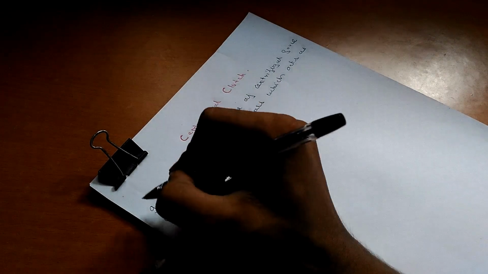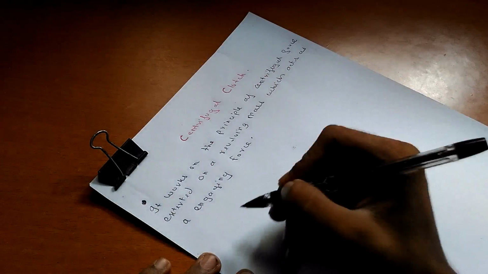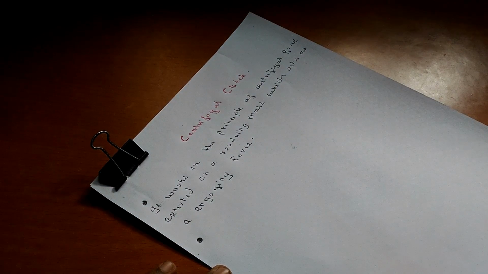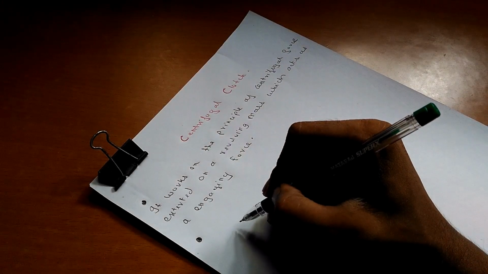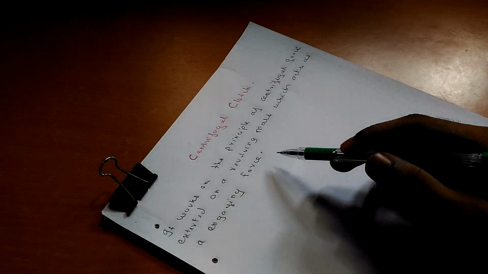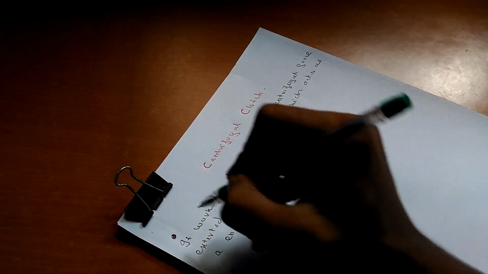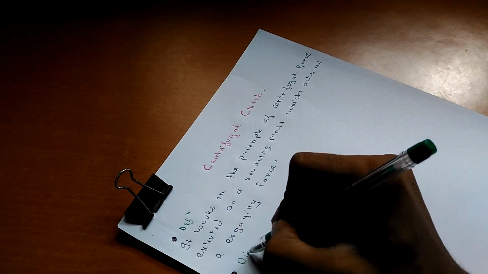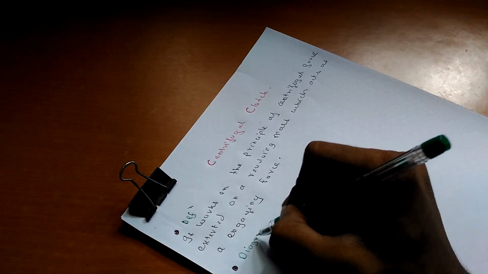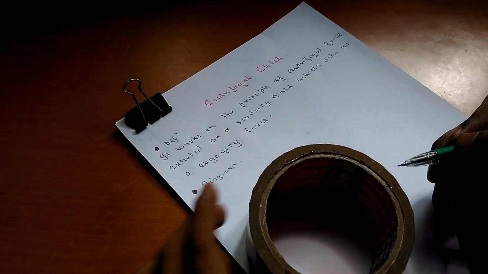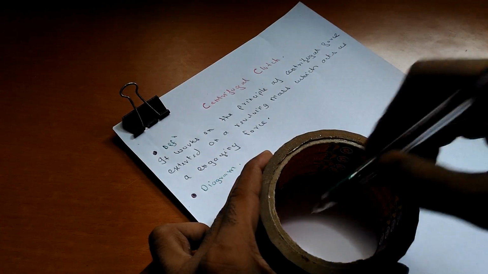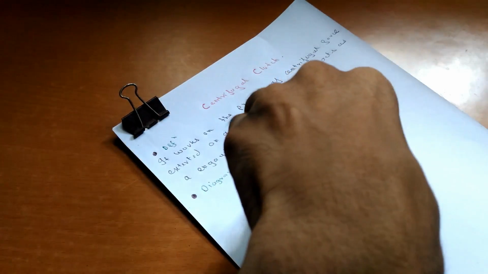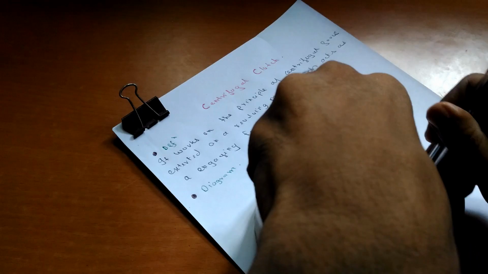So let us draw the diagram. This was the definition. Now let us draw the diagram. Just make two circles concentric to each other.